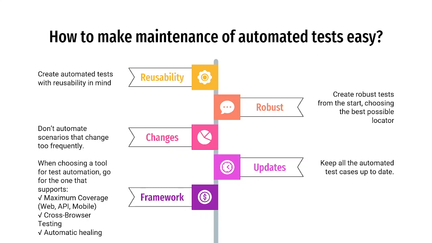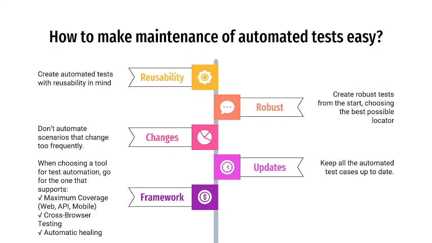Make sure that whenever you are automating any test, the components, modules or methods you are creating should be in such a way that they can be used at a later stage as well. Let's say I have designed a test A and now I'm adding scenario B. I should have the capability of reusing the method in scenario B.